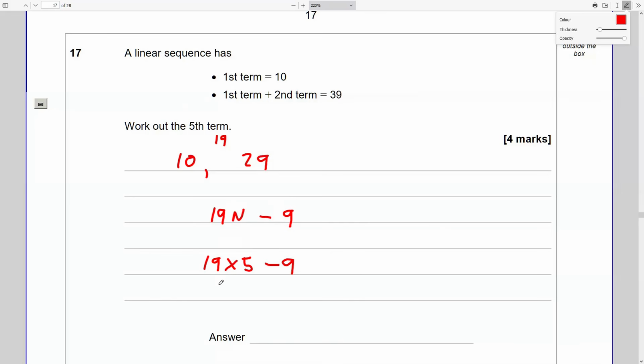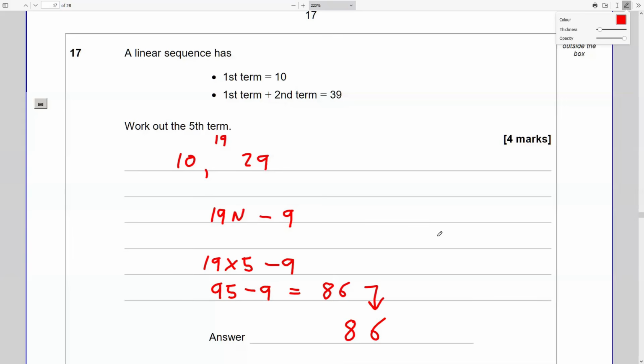Half of 19 is 9.5, move the decimal point, is 95. Minus the 9, which will equal 86. Put that in there. I think that's right.